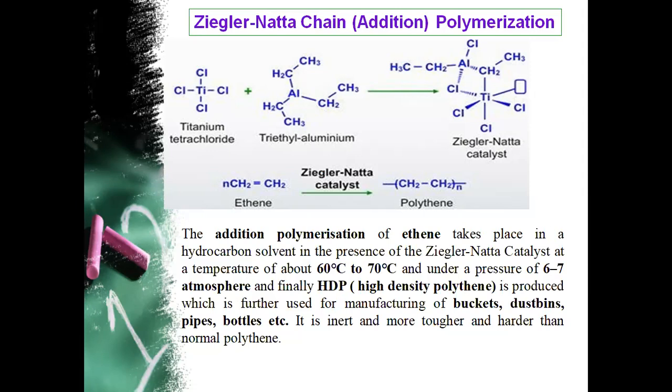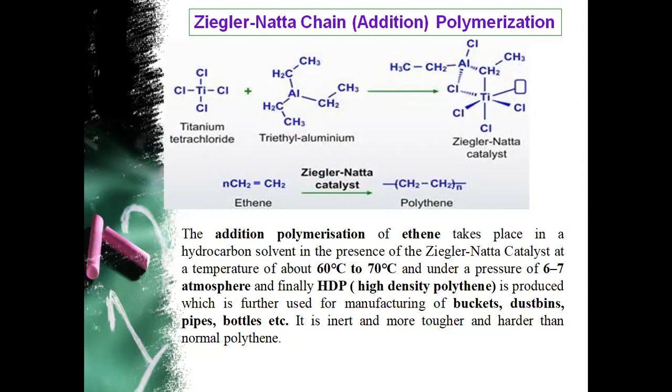Ziegler-Natta is a catalyst which is used for the preparation of polyethylene, that is HDPE, high density polyethylene, polypropylene, etc. It is generally a mixture of alkyl derivatives of aluminium and titanium tetrachloride. It allows us to make polymers of specific tacticity, and it was discovered by the two scientists, Ziegler and Natta.